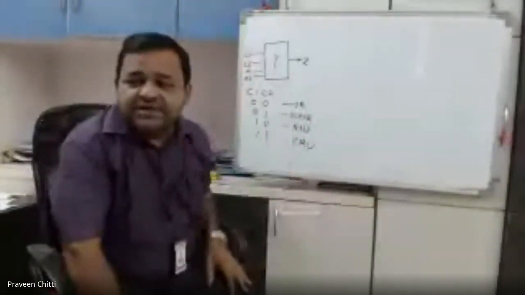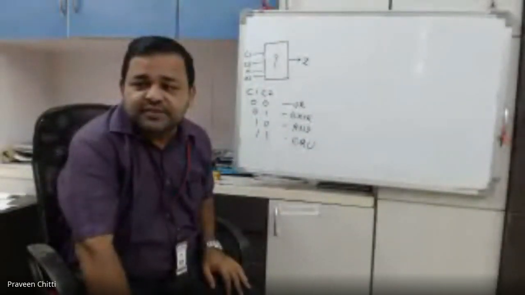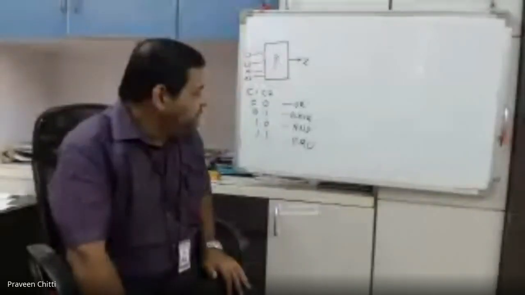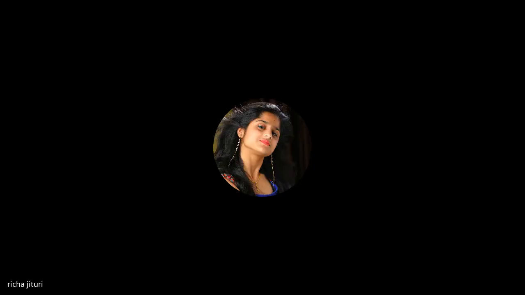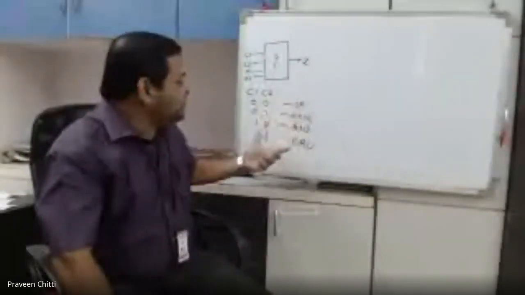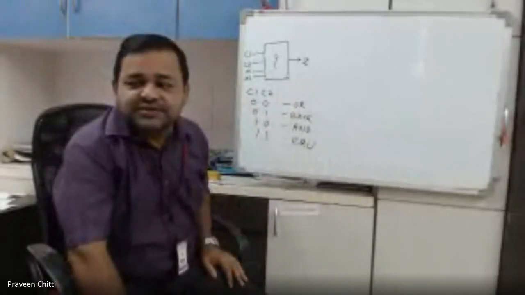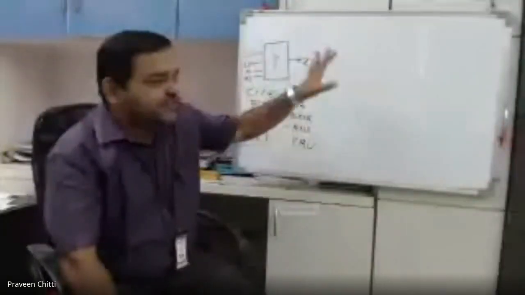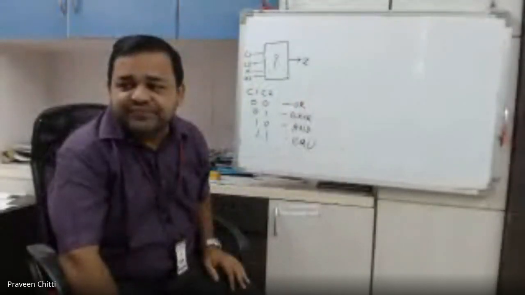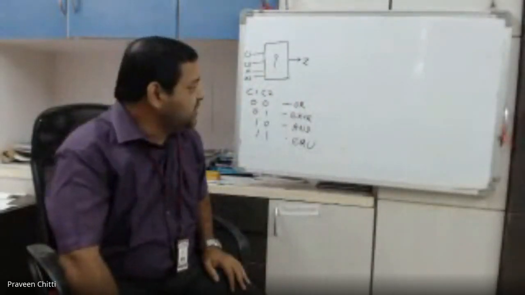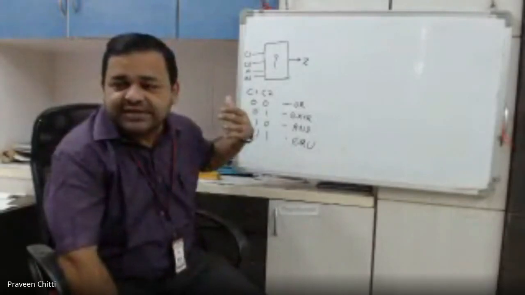Richa, can you tell me how I should write the truth table now? No idea, sir. You understood the problem statement? Yes, sir. Your friend has explained the problem statement. If you understood that, it is easy to write the truth table. How many inputs are here totally? 4 inputs and 1 output.